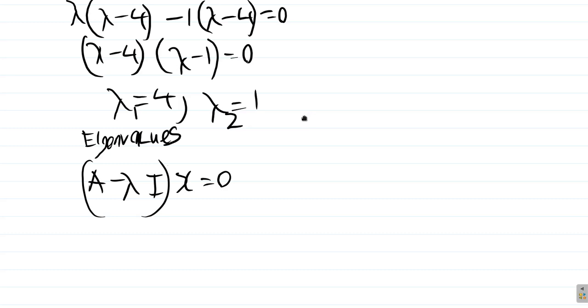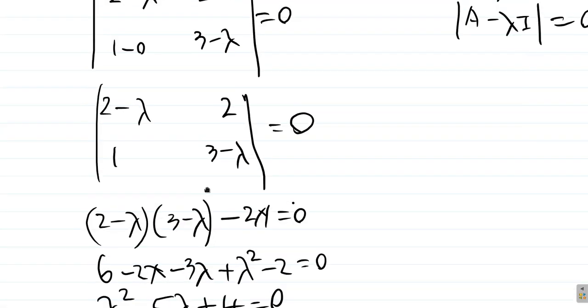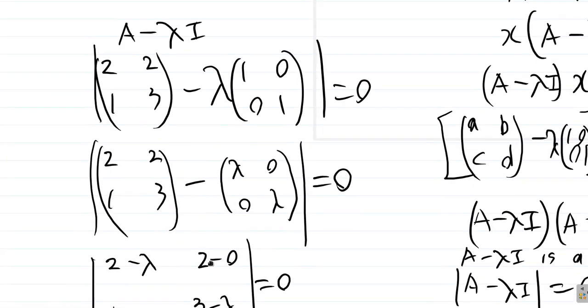After you find these, you're going to put in an x and a y for each lambda, right? So this will become, what is it again? 2, 2, 1, 3.